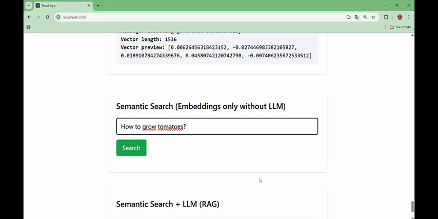What is the difference from the previous one? It means that the embedding model gives us not only a vector of the prompt, but also a vector of all our data, which in our case is momentarily in memory.